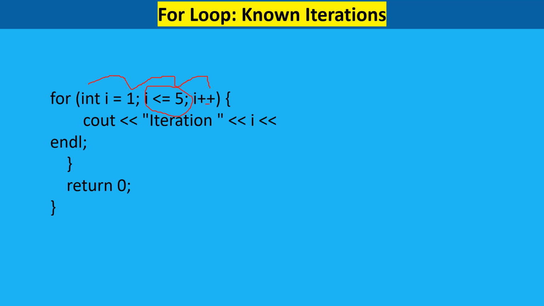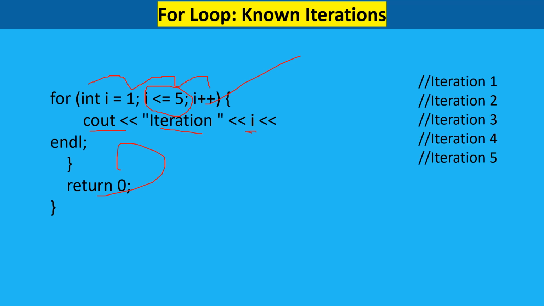And increment: after each iteration, i is incremented by 1. And cout iteration, i outputs the current iteration number followed by a new line, and return 0 indicates successful program execution and terminates the program. So the answer will be iteration 1, 2, 3, 4, 5.